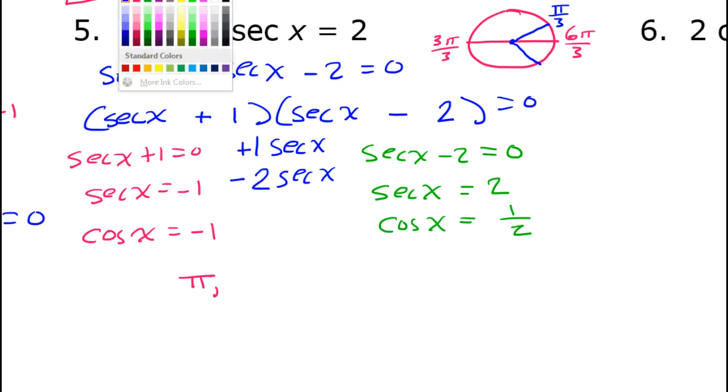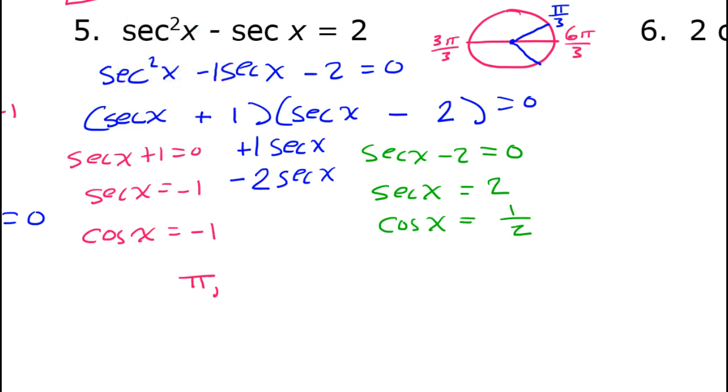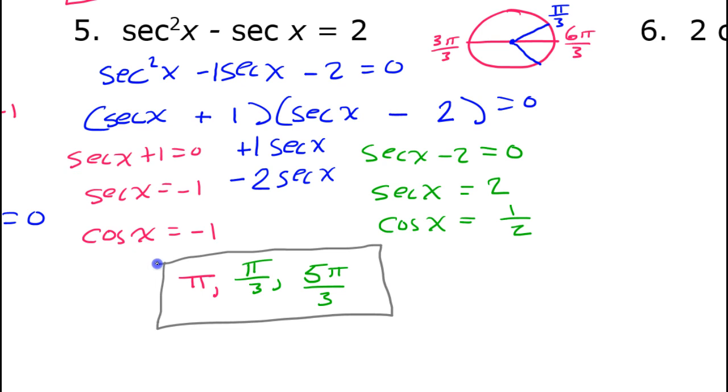So, you know what? Let me switch to green because it's kind of coming from here. So I will have pi over 3. But then the other one is 1 short of 6 pi over 3. So that means 5 pi over 3. So these will be the 3 answers to problem number 5.